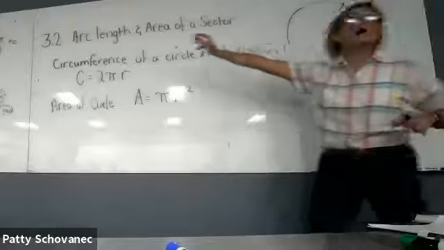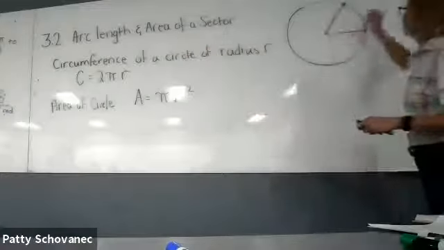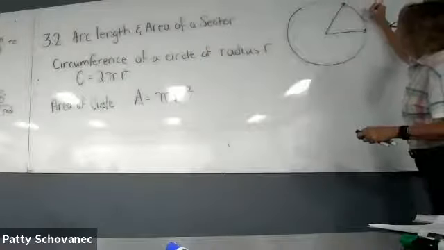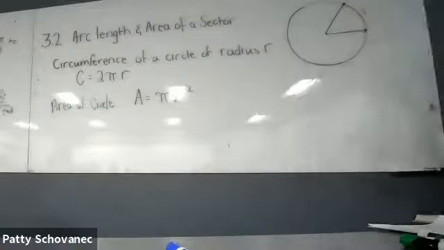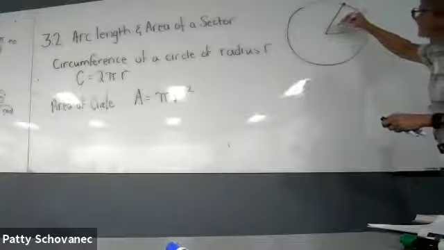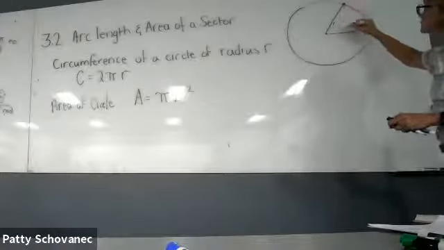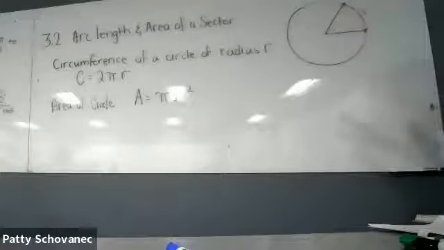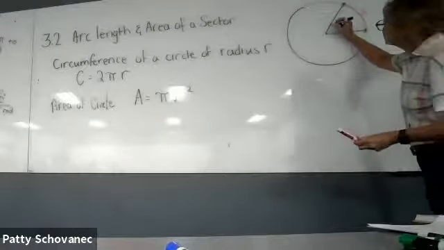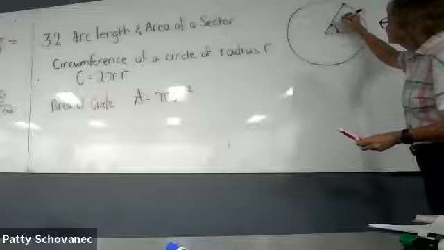That's what I mean by arc length. We're going to denote the length of an arc with a lowercase letter s. And then we're going to want to know what this area is in here. And what we will know is the angle right there.